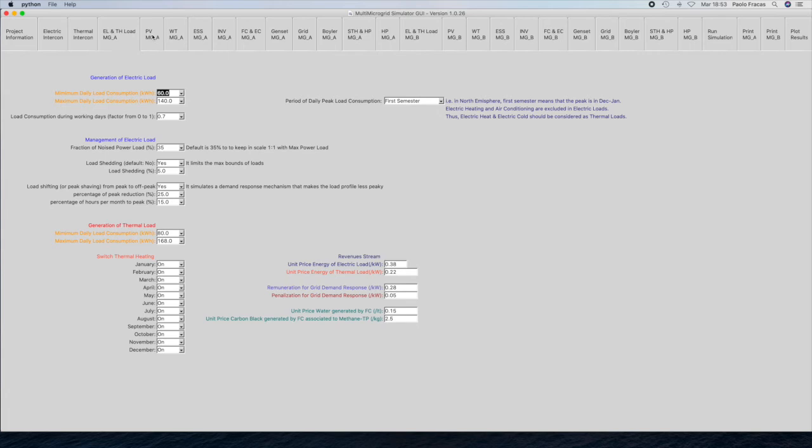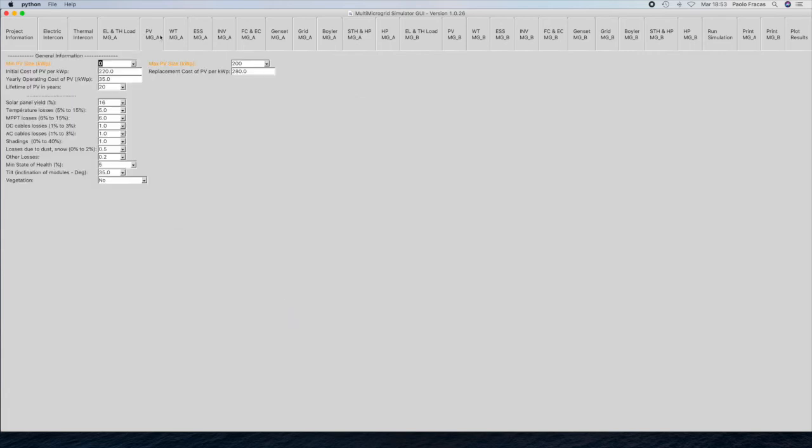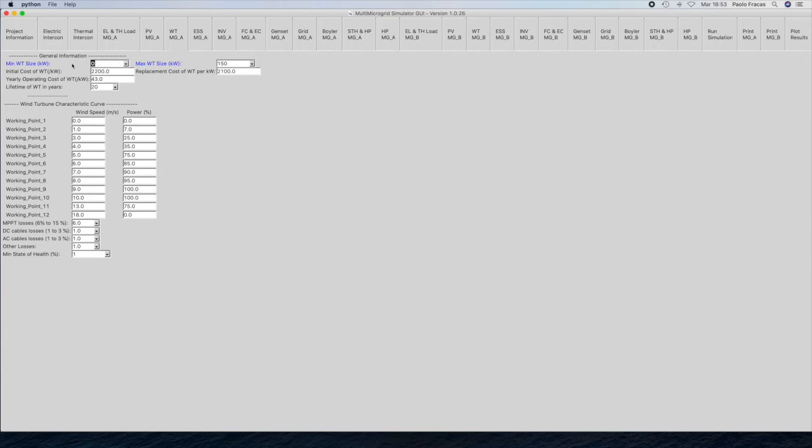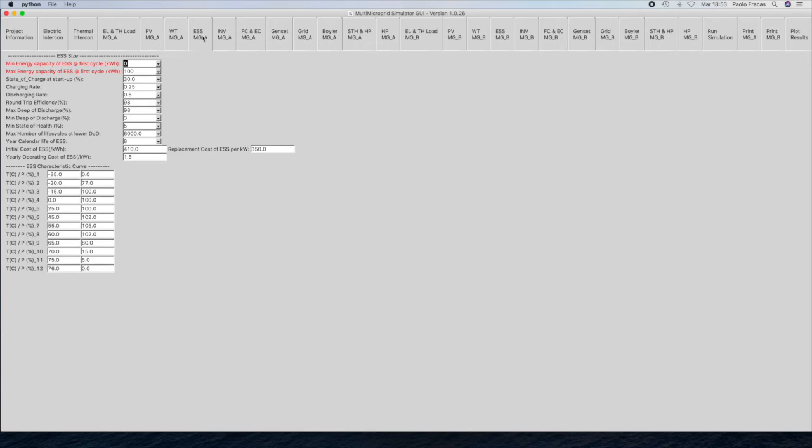Then we move to set up the renewables. Again, for solar and wind turbine, in addition to the size and the unit cost, we have to set up the profile to build the characteristic curves. Same for the lithium-ion energy storage. We have, in addition, to set up the charging and discharging rate and the state of health parameters.